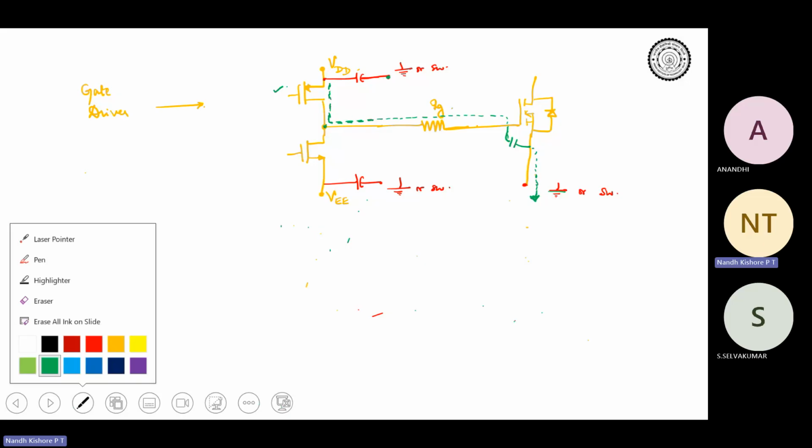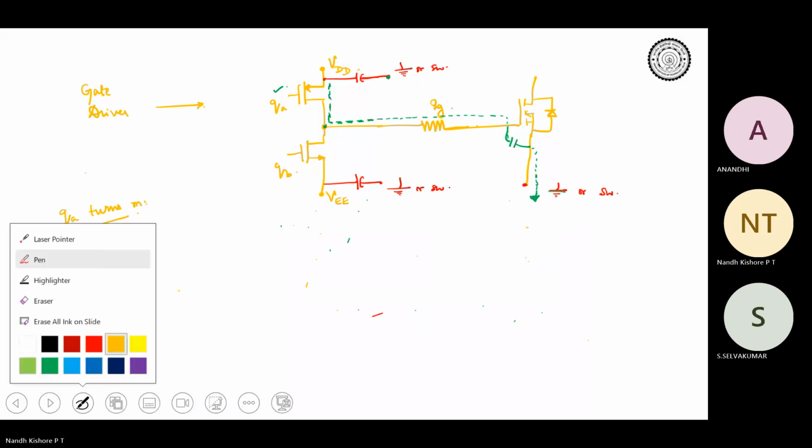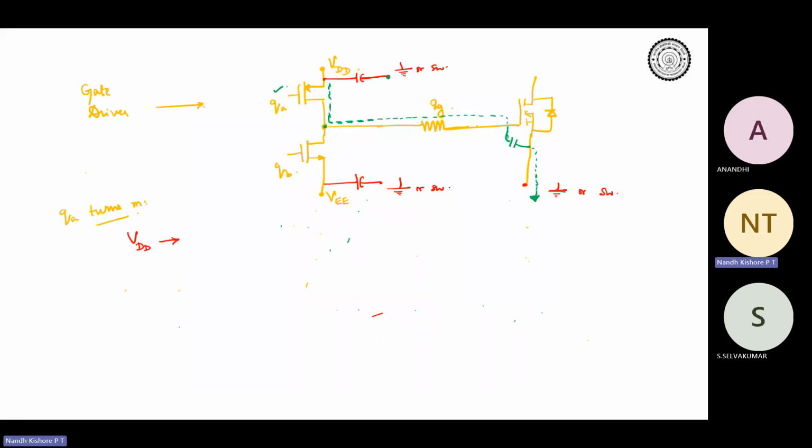Let me give names: let me name this as QA and this as QB. So when QA turns on, VDD goes through QA, then goes through RG, goes through CGS of the device, and then you have reached the ground, that is the source potential.